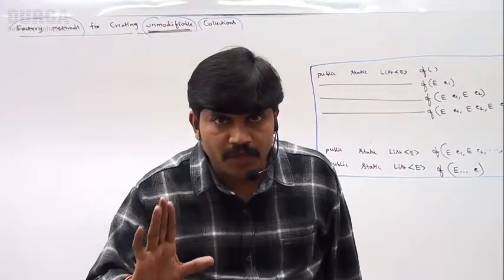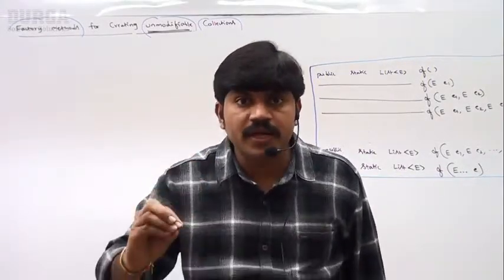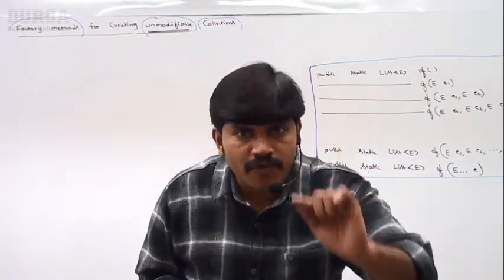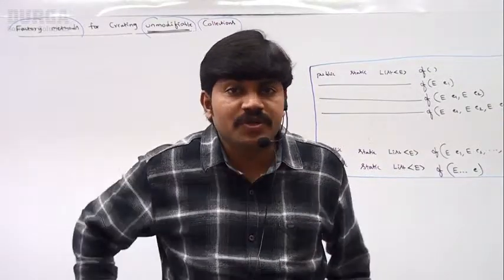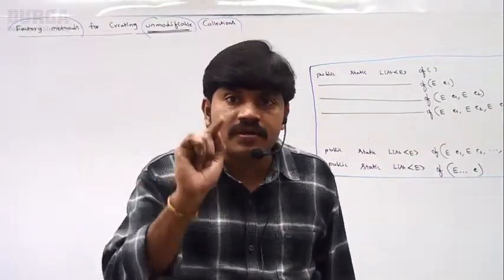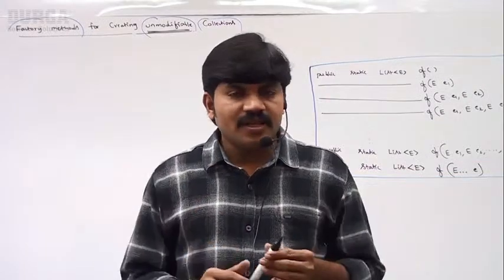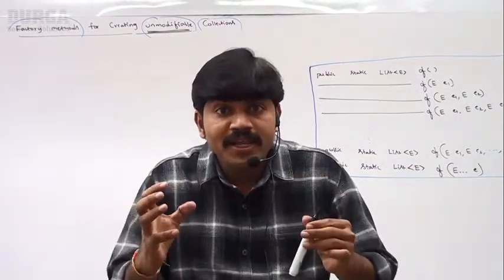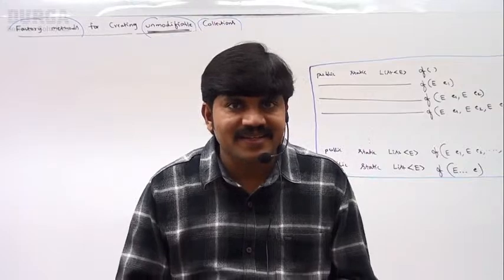So I hope you people got clearly how to create an unmodifiable list from the 1.9 version onwards. Which method do we use? List.of is the method.